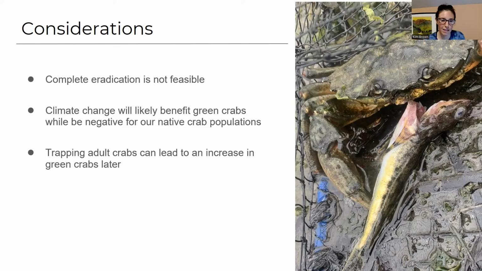By taking out the adult crabs, they had actually left all of the baby crabs. The adult crabs actually cannibalize the small larvae and keep the population of the larvae in check. And so when you trap the adult crabs, you take away that check. So those larvae all grew up to be a huge population boom for green crabs later.